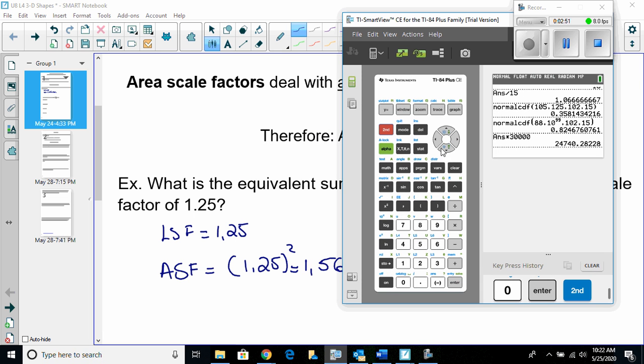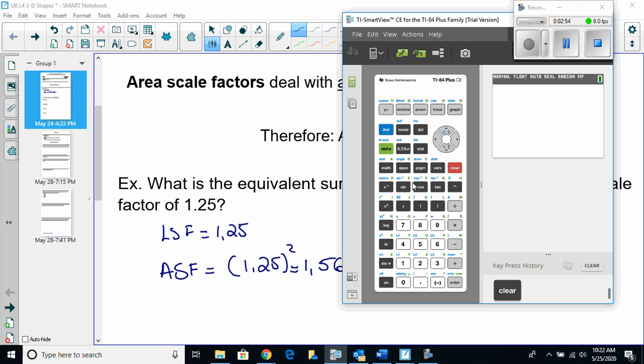So clear. If you have a number and you want to figure out what it is as a fraction, then you can use math, and the very first one is fraction.